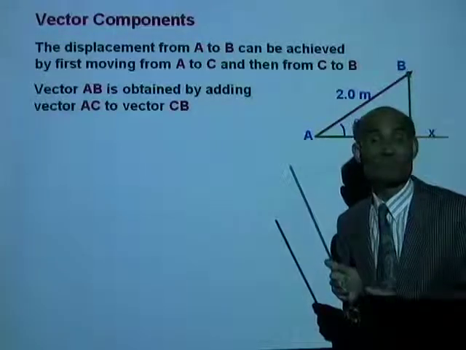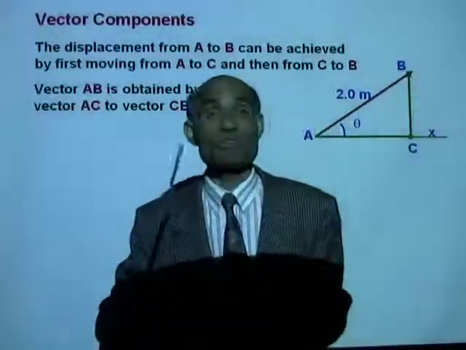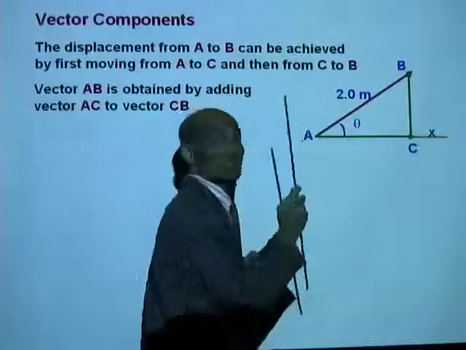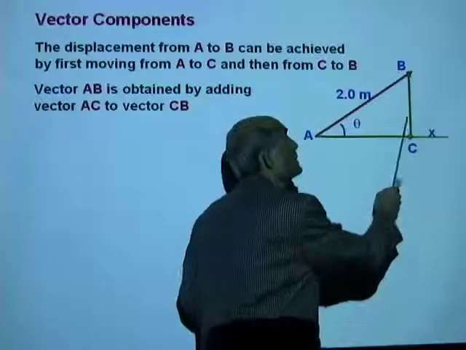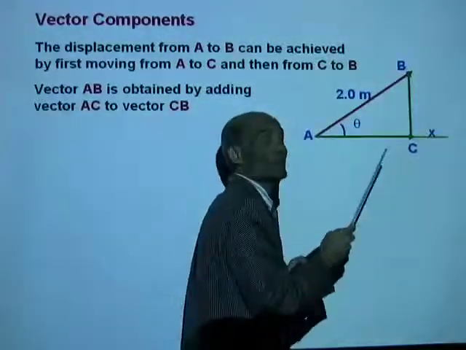No, I don't. Well, I am not adding the lengths of the vectors, I am adding the vectors. In other words, the result of the vector AC and the vector CB is the vector AB.